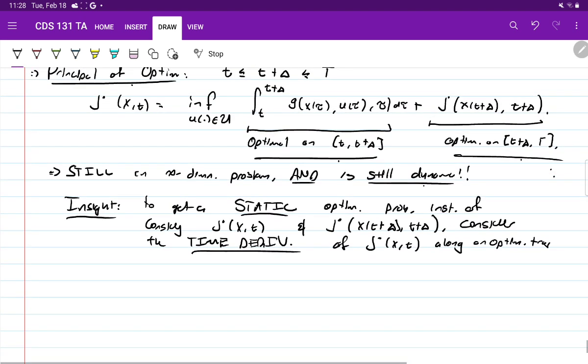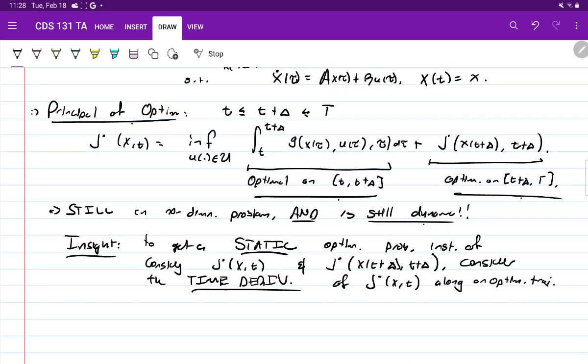Basically, the continuous time analog of just taking one step back is taking the time derivative. So instead of moving one time step, like we did in the discrete time case, we're going to take the time derivative, and using it, we'll be able to get a static optimization problem that doesn't involve any trajectories whatsoever.